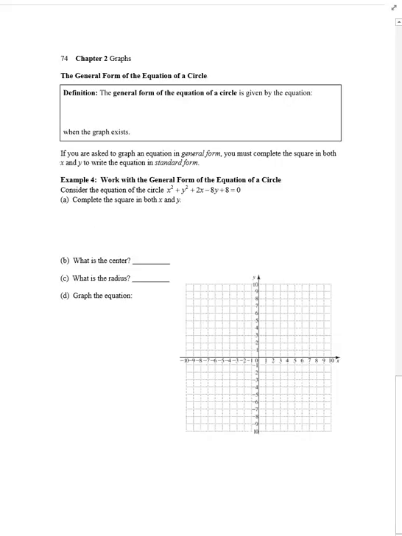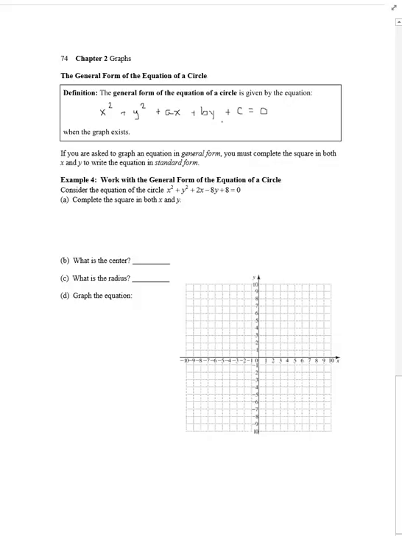The general form of the equation of a circle is x squared plus y squared plus ax plus by plus c equals 0. And we get that just by multiplying out the standard form.